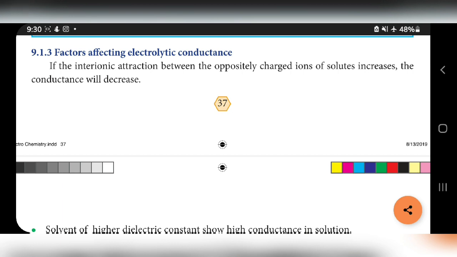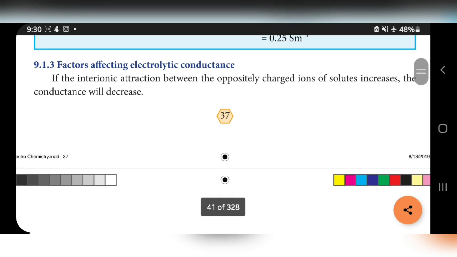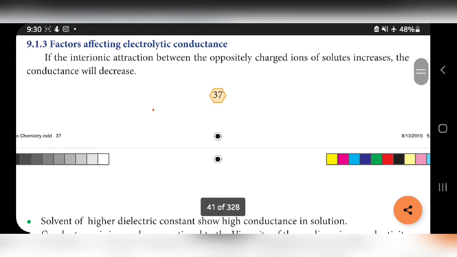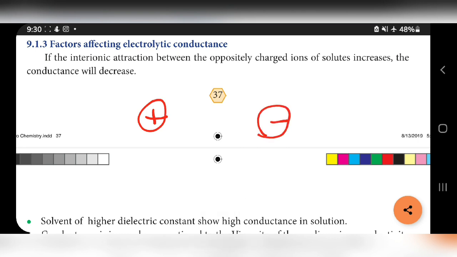The first factor is the interionic attraction between oppositely charged ions, a positive ion and a negative ion. If oppositely charged ions are present, attraction is there.